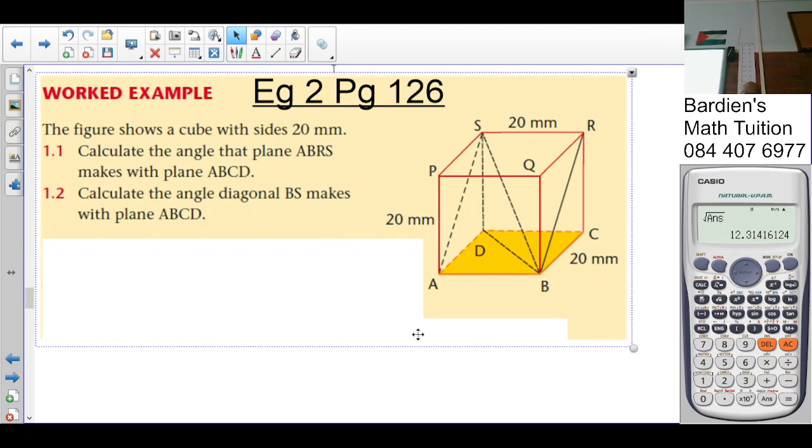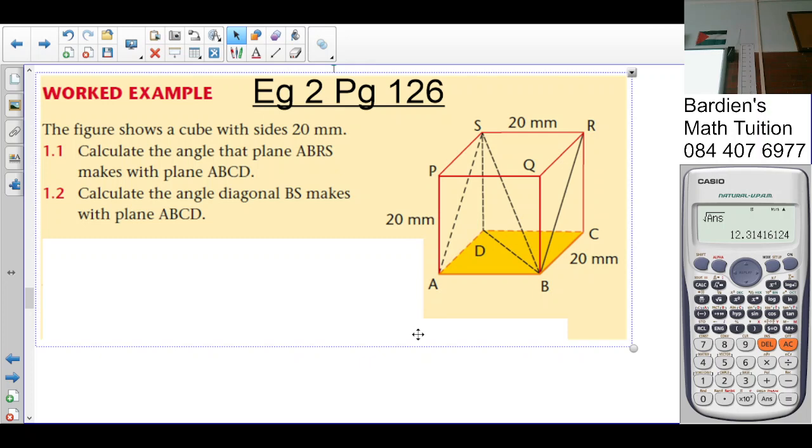We are told that the figure shows a cube. So what is a cube? A cube is a prism with all sides, or all lengths, of the same value. Okay, all the edges are the same length. The length, the breadth and the height are all the same value. It's a cube with sides 20.